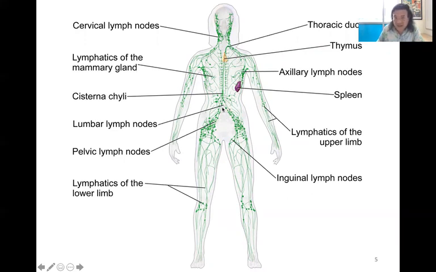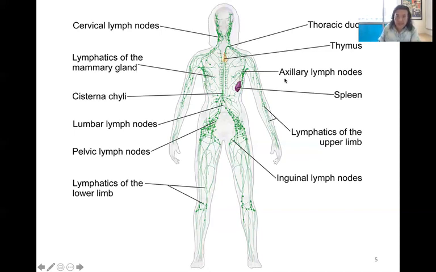But the point is, because it's passing through different lymph nodes, eventually by the time the fluid gets up to the level of our shoulders, it's all cleaned up. And that water can be reintroduced into our circulatory system by joining up with our major veins that are at the level of the shoulders.